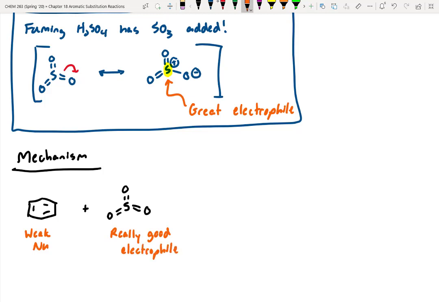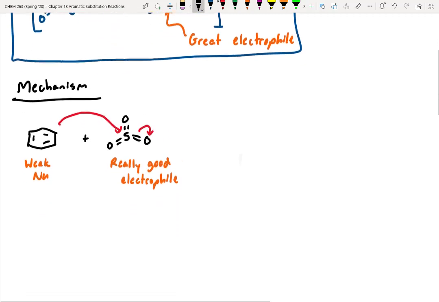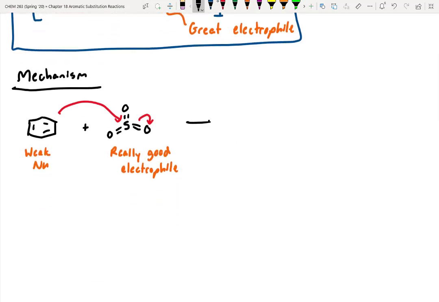So if you don't have a good nucleophile, the only way to get around it is to use an even stronger electrophile. So this pi bond from our aromatic ring is going to attack sulfur and kick electrons up to oxygen. And again, we're going to break aromaticity and we're going to form our arenium ion.